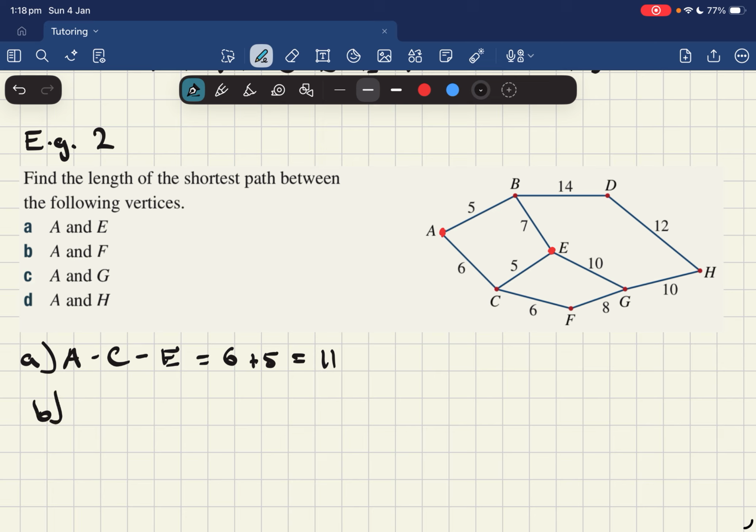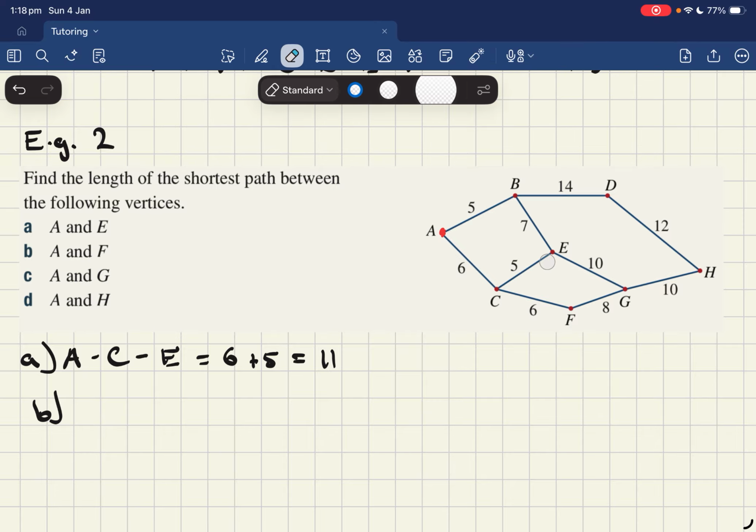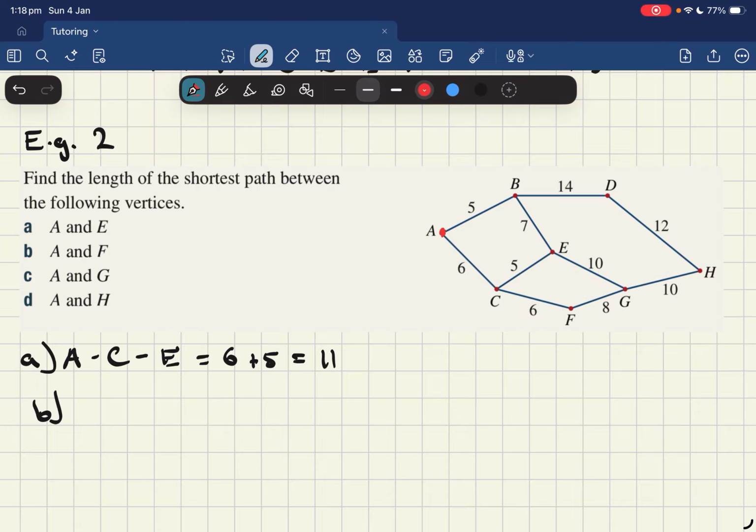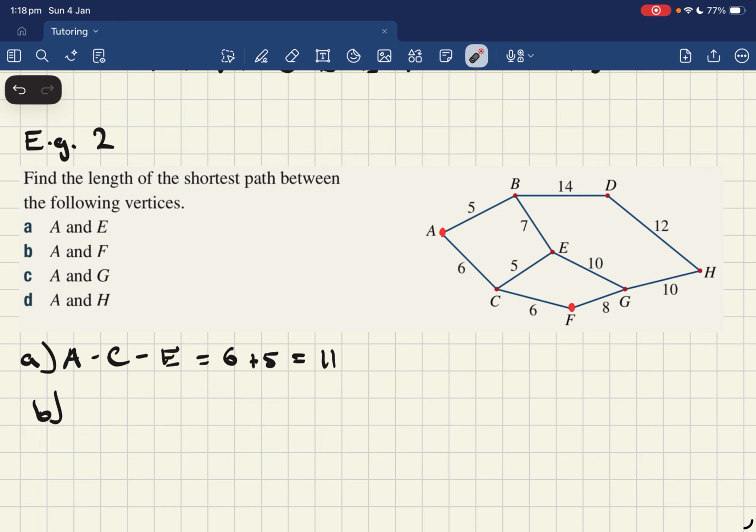So for part B, I am going from A to F. So let's just rub this one out here. I'm trying to get from A to F. Now, just by looking at it, there's only really one way that makes sense. We can go A to C to F, because all other ways will require me backtracking and doing extra addition.